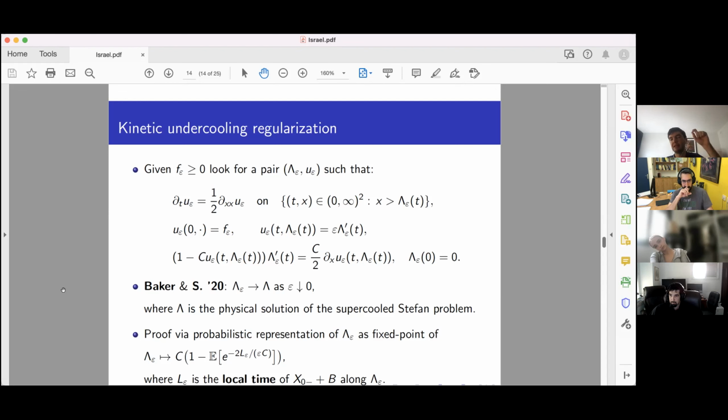Secondly, tools from stochastic calculus and stochastic processes allow you to establish the exact regularity of lambda, and that's the key to uniqueness. What I want to do in the remainder of the talk is to give you a high-level overview of other free boundary problems where this approach works and leads to interesting results.